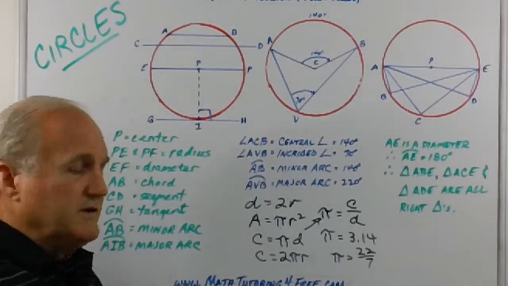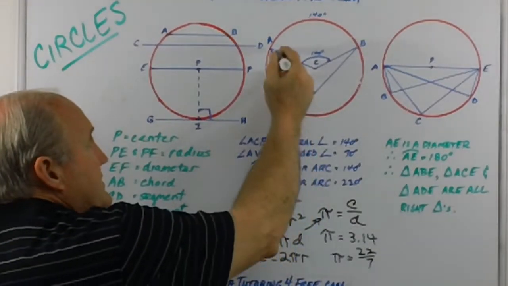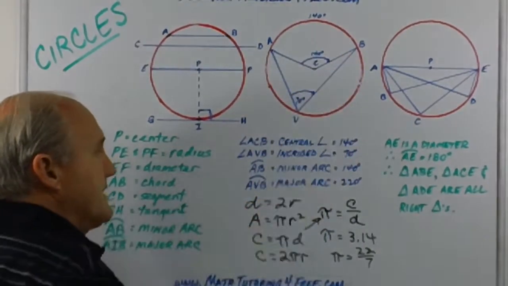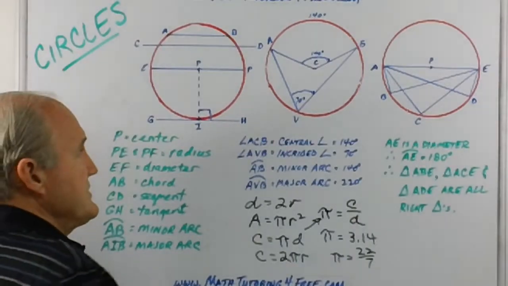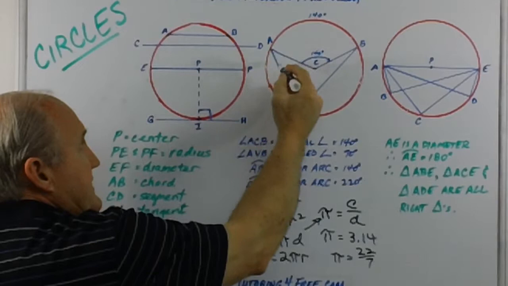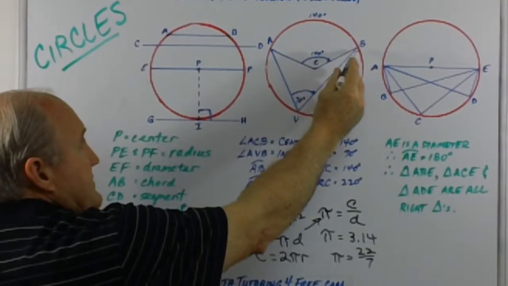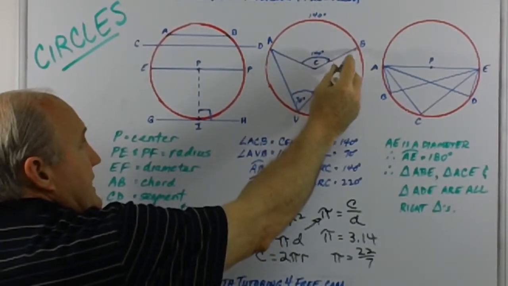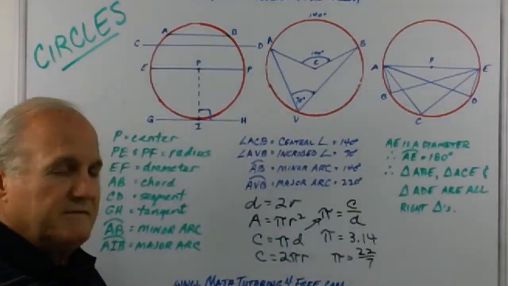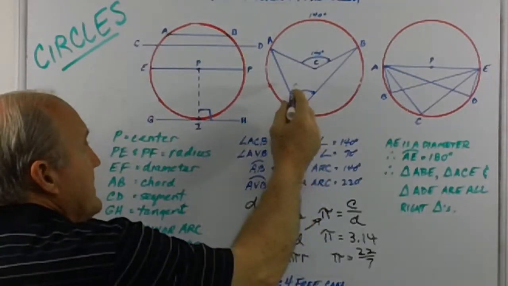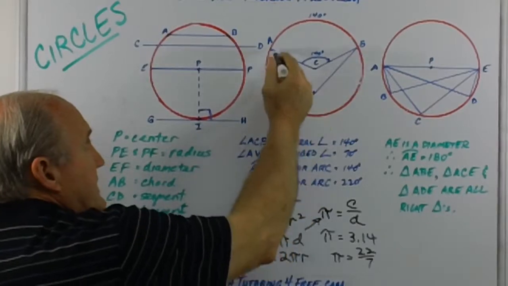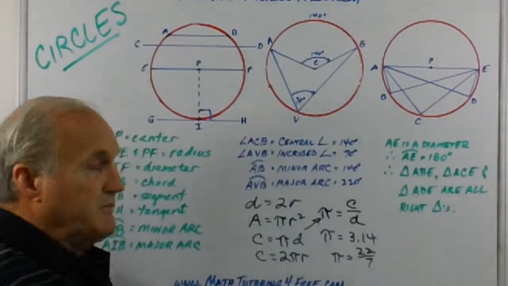It's the smaller of the two, because if we were referring to the arc back here, the bigger or major arc, you usually have to put another point in there to define the difference. Arc AB in this case is the top portion, defined by central angle C, and it is 140 degrees. For the larger major arc down here, we couldn't say arc AB again, or you wouldn't know the difference.